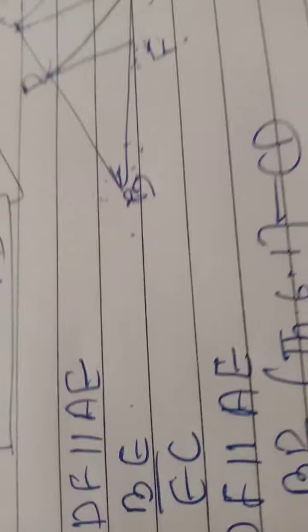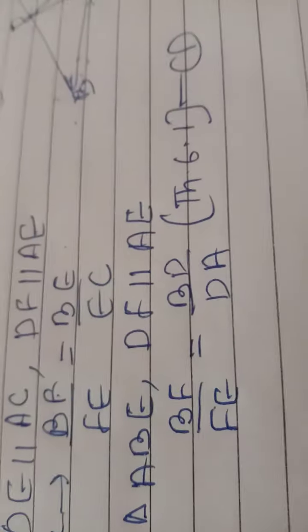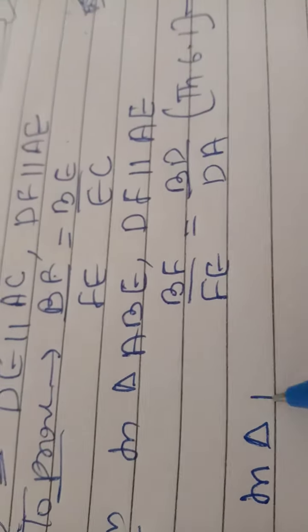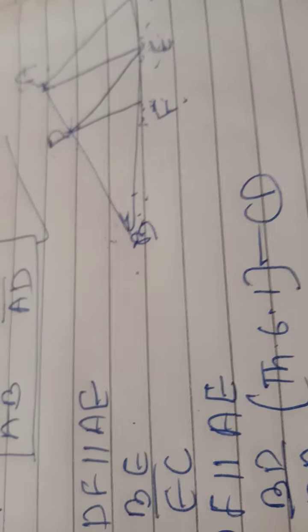Okay, now another condition is given: DE is parallel to AC. So we are going to select the whole triangle. Now in triangle ABC, what is the parallel condition here? DE is parallel to AC.